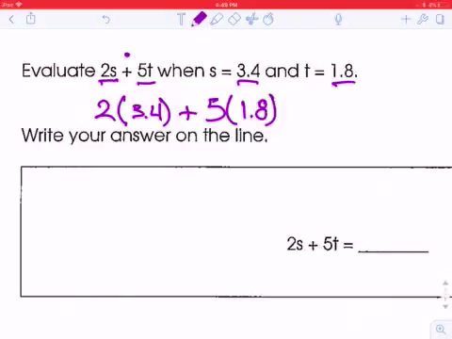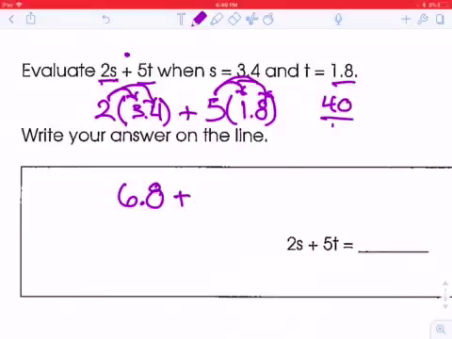And we can use the distributive property to evaluate it, right? So we could say I have 2 times 3, that's 6, and 2 times 4/10, well, that's 8/10. Plus, over here I have 5 times 1, which is 5, and 5 times 8/10. Now that's a little tricky. So 5 times 8/10 would equal 40/10, and I hope you realize that's 4.